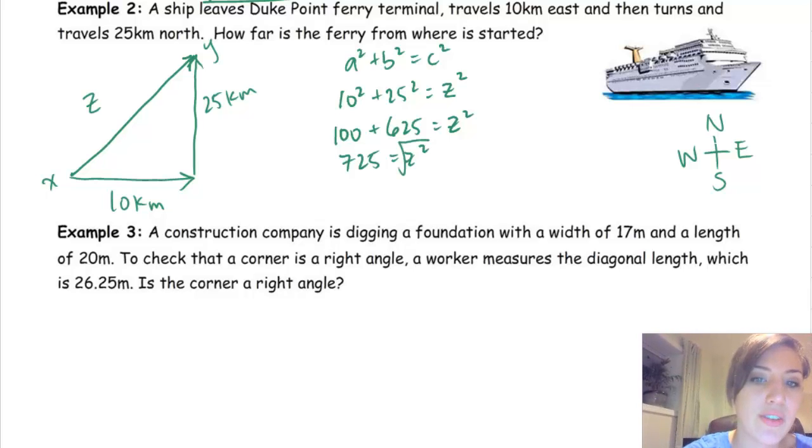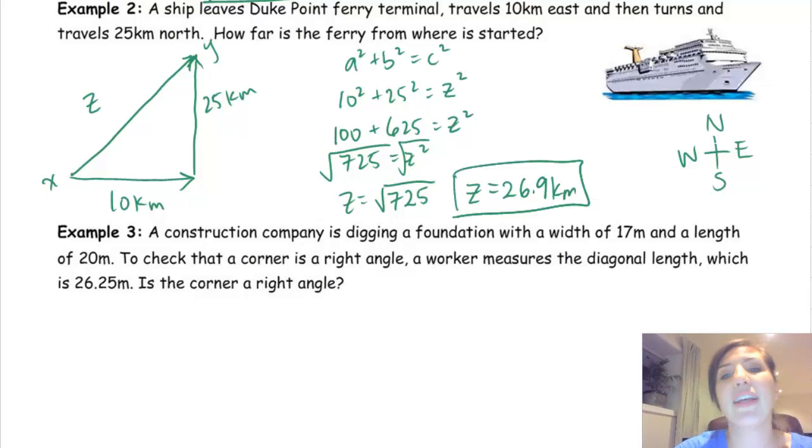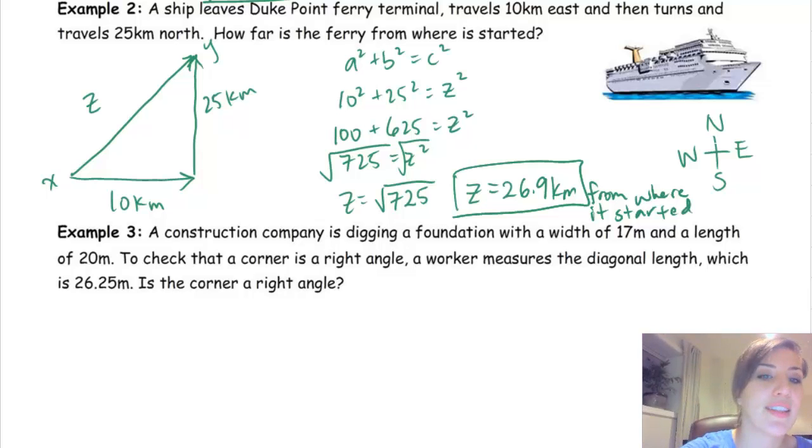Get rid of the square: square root them both. z equals the square root of 725, so z equals 26.9 kilometers. Our answer is the ferry is 26.9 kilometers from where it started. Beautiful. So this is a right triangle because a squared plus b squared equals c squared.